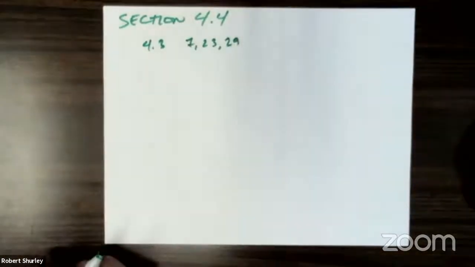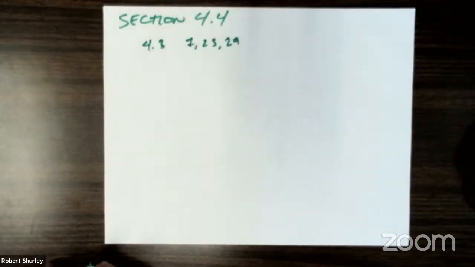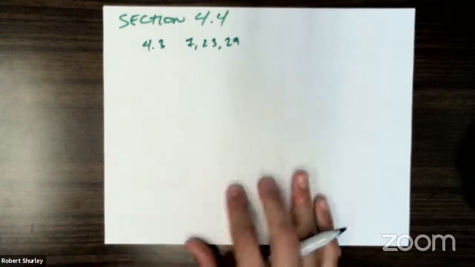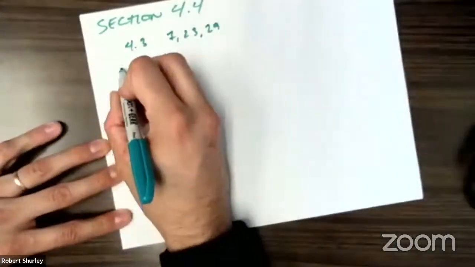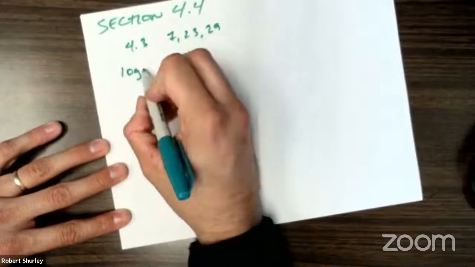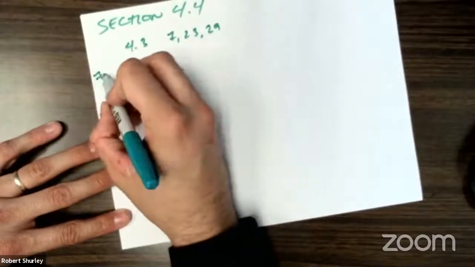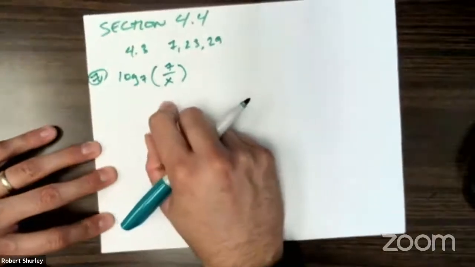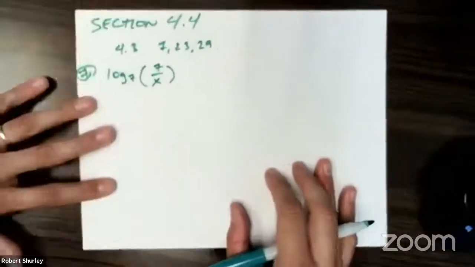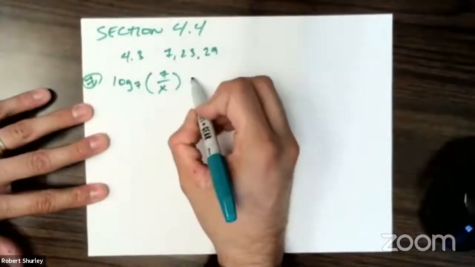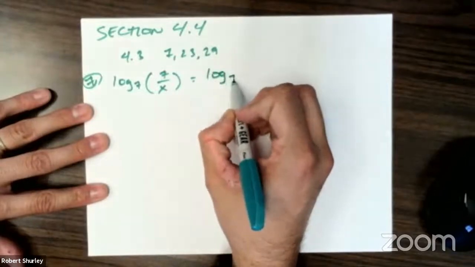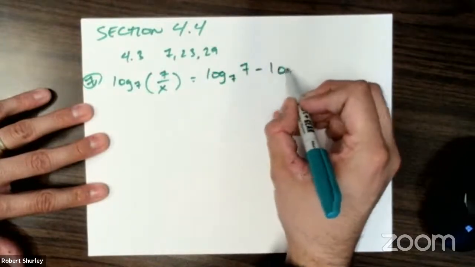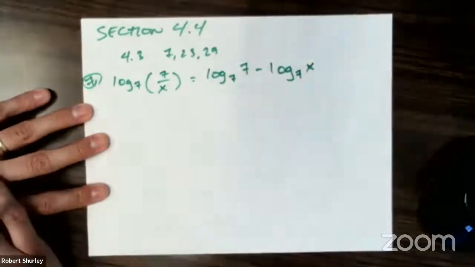Let me see if I can. Hopefully I can, Jenna. So 4.3, number 7. We've got log base 7 of 7 over x. The first thing I notice on this question is division. So I've got to do the log base 7 of 7 minus log base 7 of x.